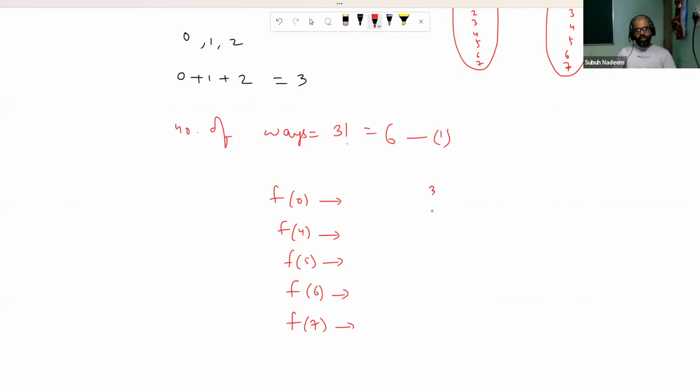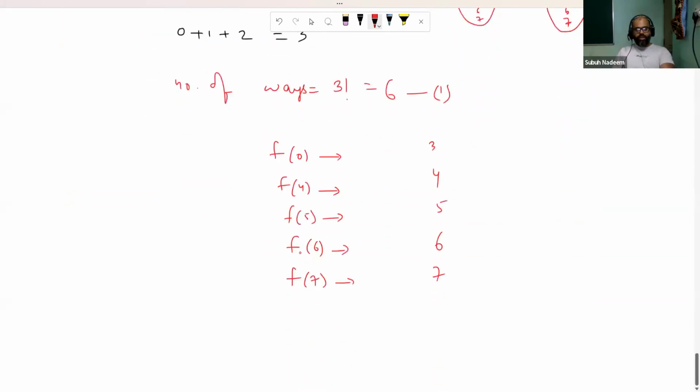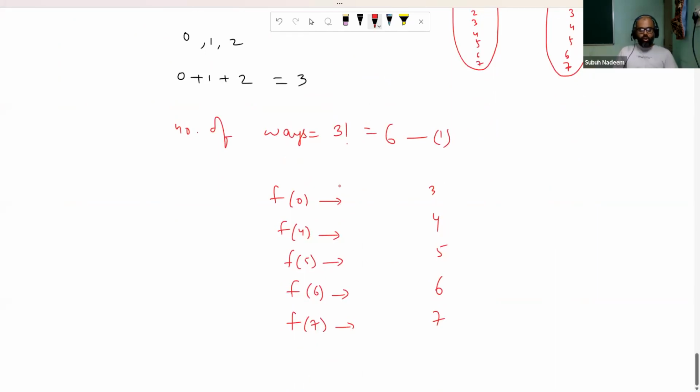So we have 3, 4, 5, 6, 7 remaining in the images, and in pre-images, 0, 4, 5, 6, 7. So if we again distribute these numbers in these baskets such that only one goes in one basket, because one-one we have to keep in mind, the number of ways would be 5 factorial, which is equal to 120.